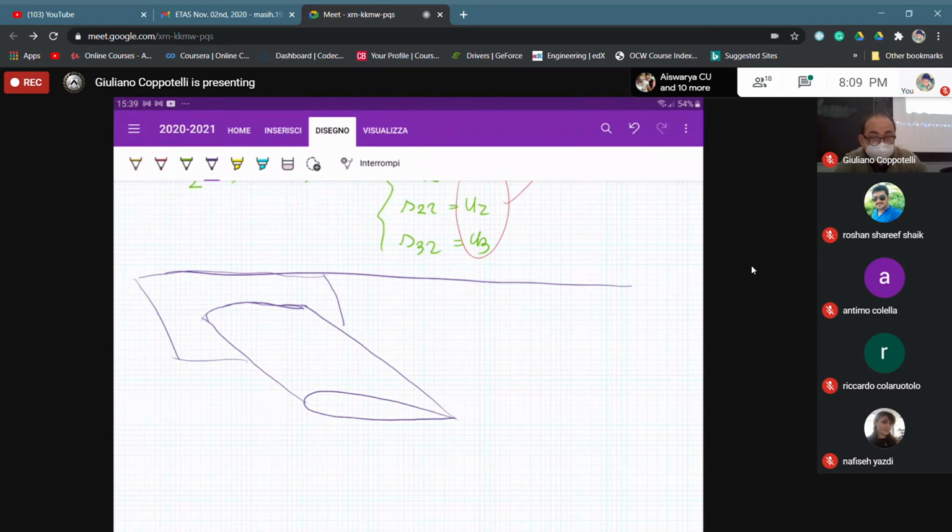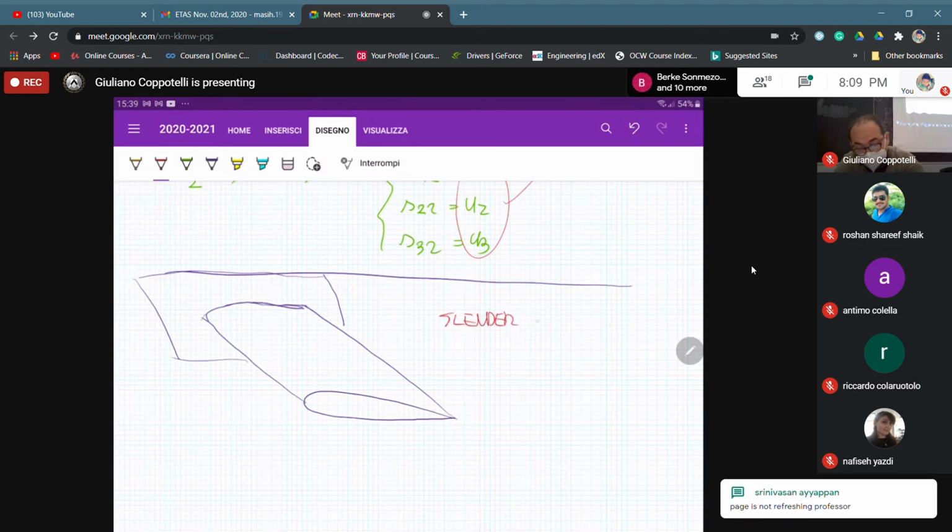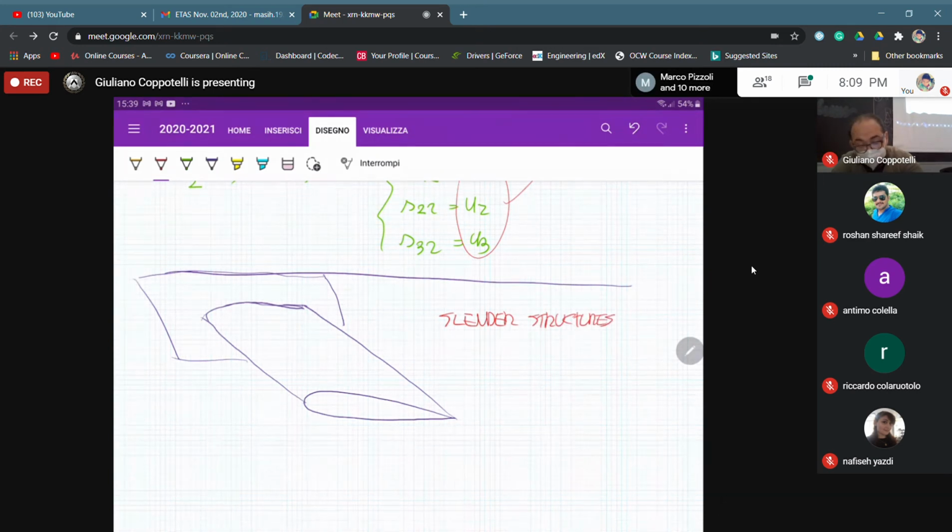So what we are talking about are slender structures, such as high aspect ratio wings or helicopter blades, or something similar.